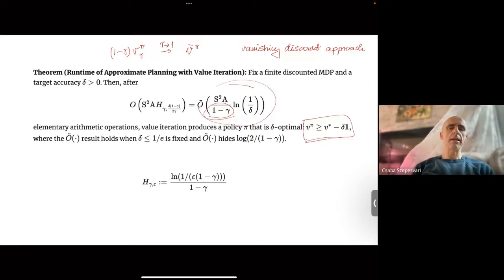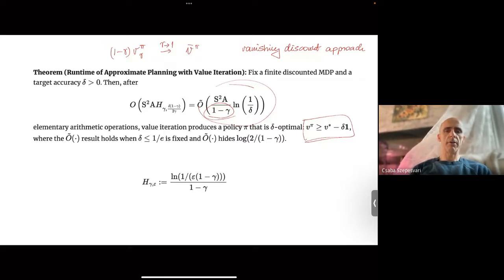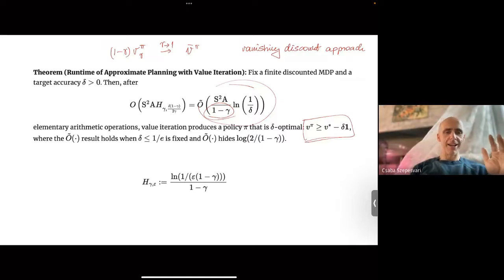Yeah, it can also be that on some instances this is an overkill. We are interested in a first approximation, but in the worst case, the 1 over 1 minus gamma should be there. The best case is no good, because in the best case, everything is an overkill, since you just take the rewards to be identically 0, and every policy is doing equally well. You shouldn't do any calculation in this case, right?